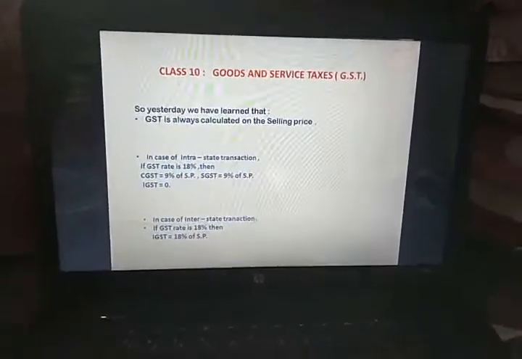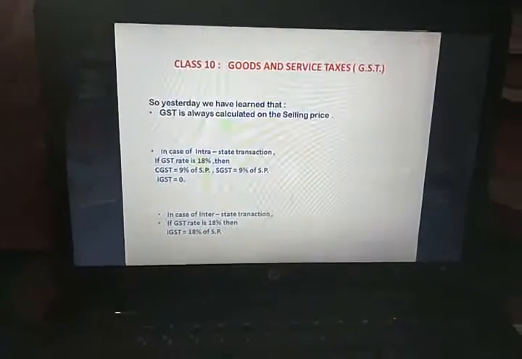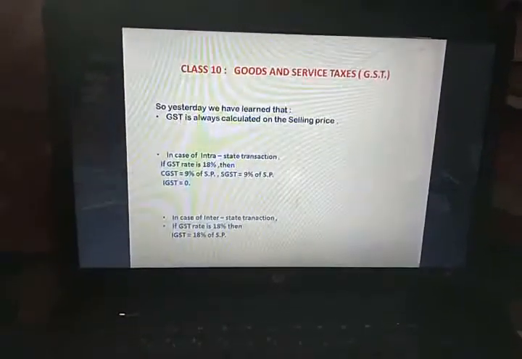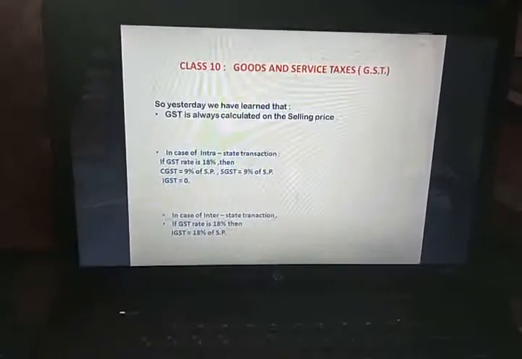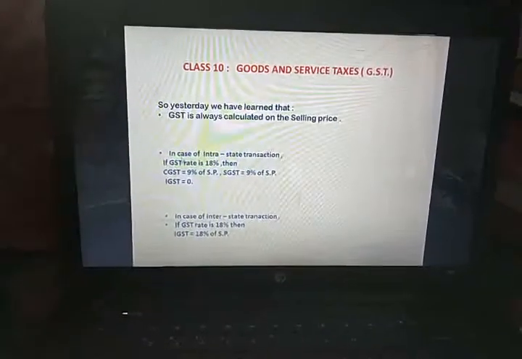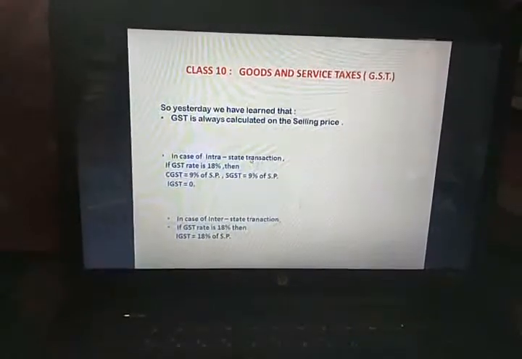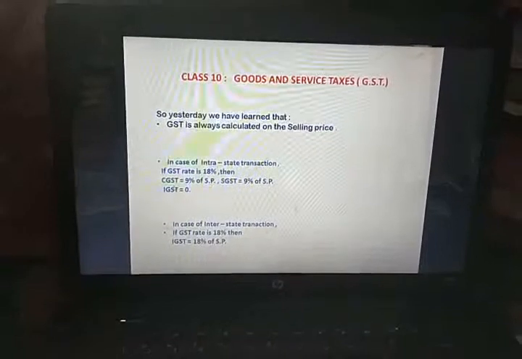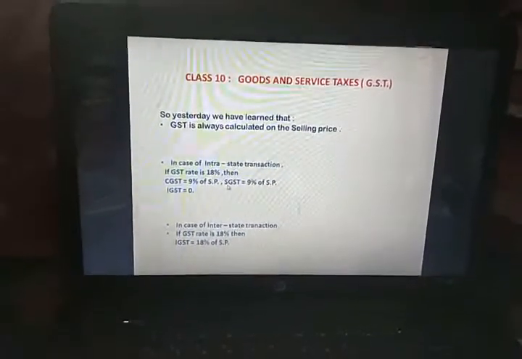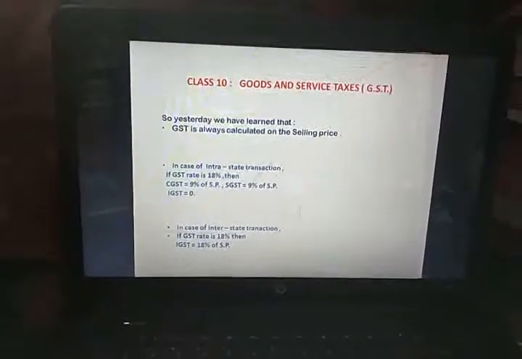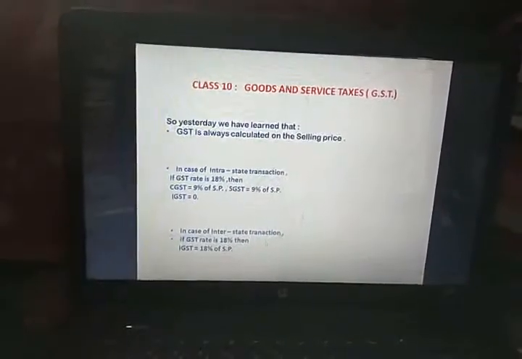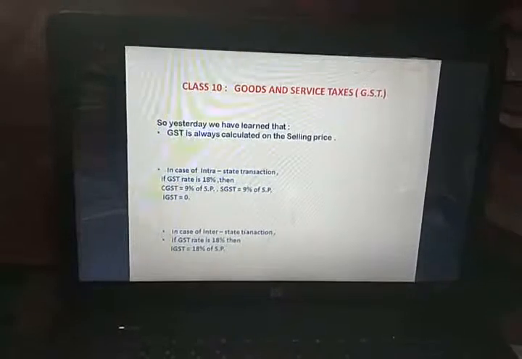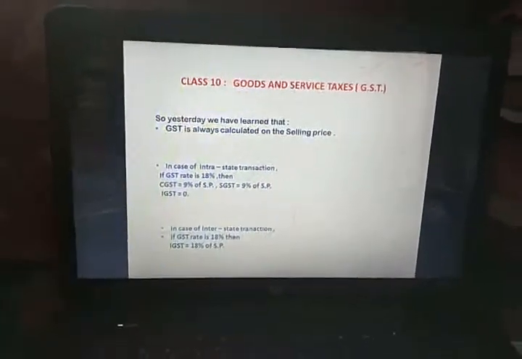Point number 2, whenever a problem is there, we have to check whether it is a case of intrastate transaction or interstate transaction. If it is intrastate transaction, then we have to calculate CGST and SGST, and IGST will be 0. And if the case is interstate transaction, that is the third point, then we only have to calculate the value for IGST.